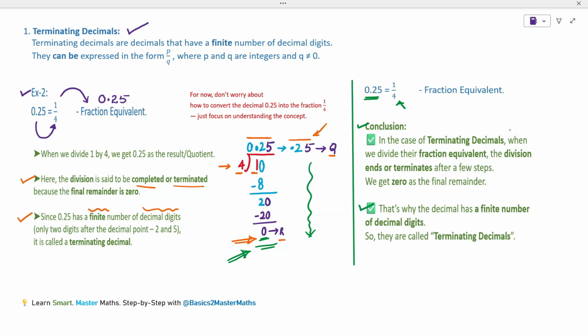That is why the decimal has a finite number of decimal digits. So, they are called terminating decimals. Got it?